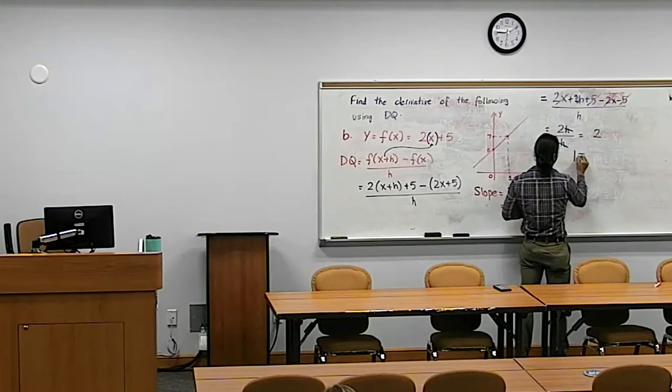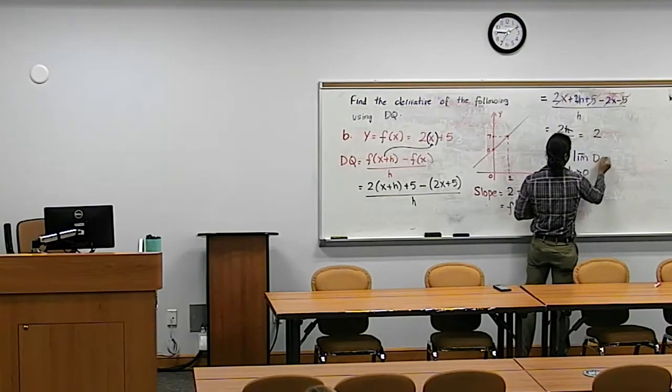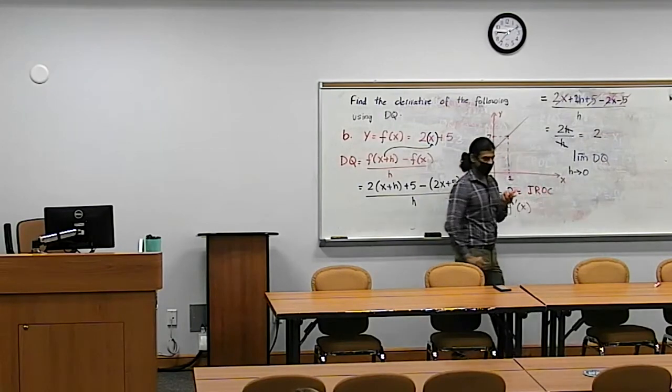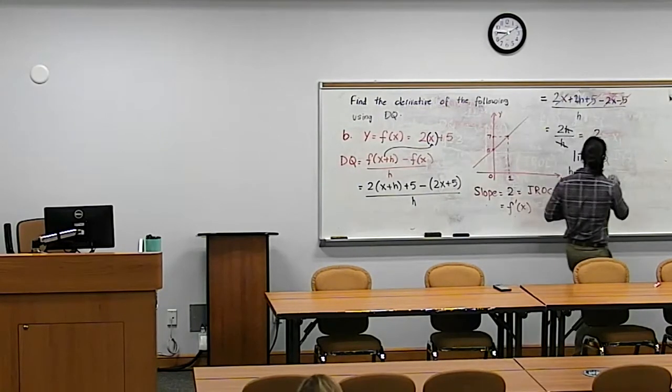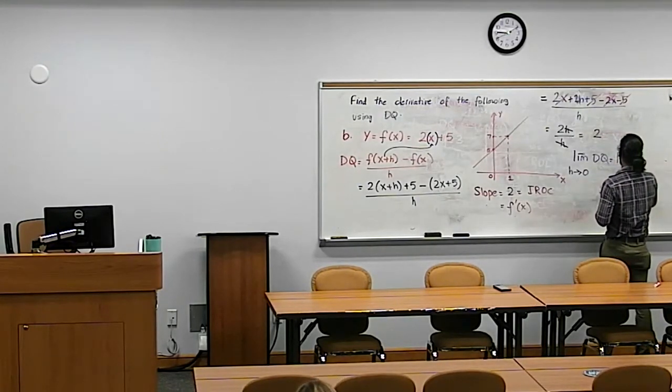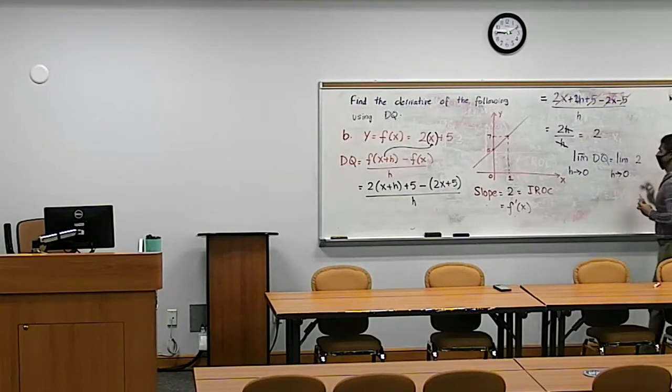If I took the limit as h approaches 0 of the difference quotient, which simply is the limit as h approaches 0 of 2, mind you, we're not plugging in 0 for h. h is getting closer and closer to 0, but it is not going to become exactly 0. But do you see an h there?